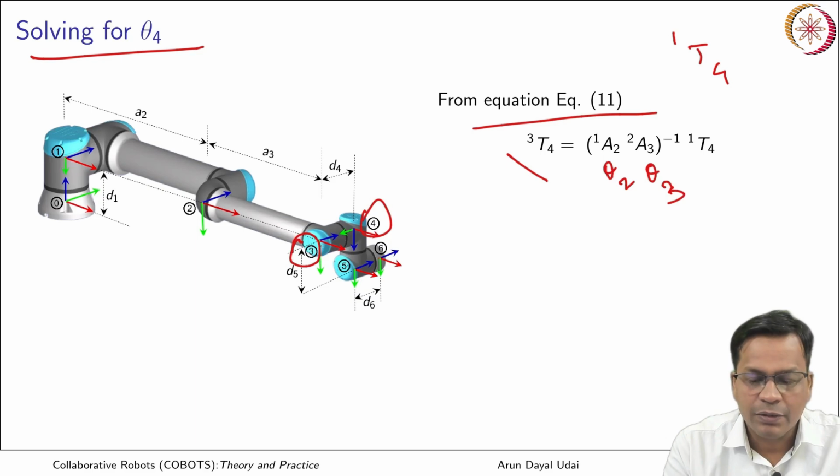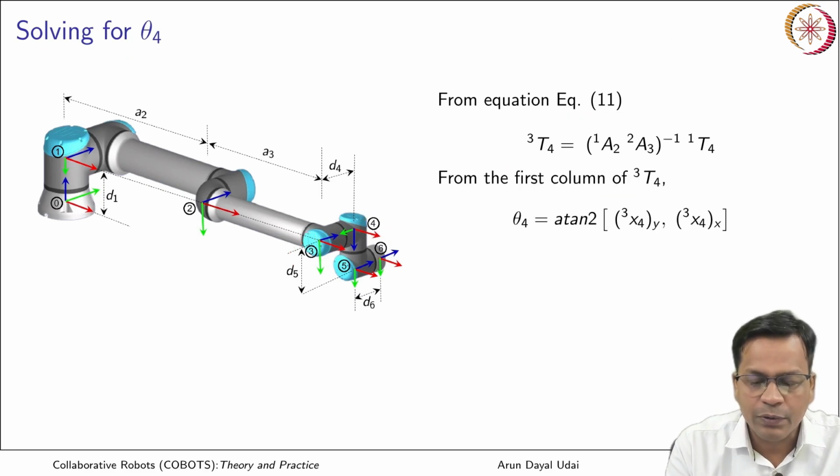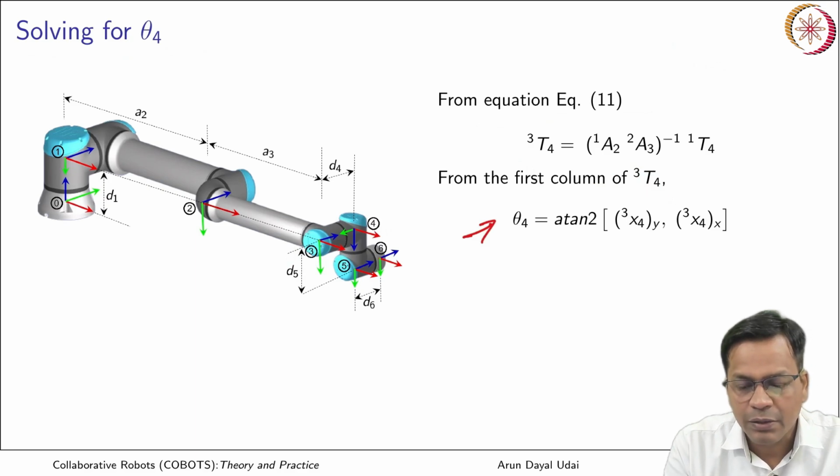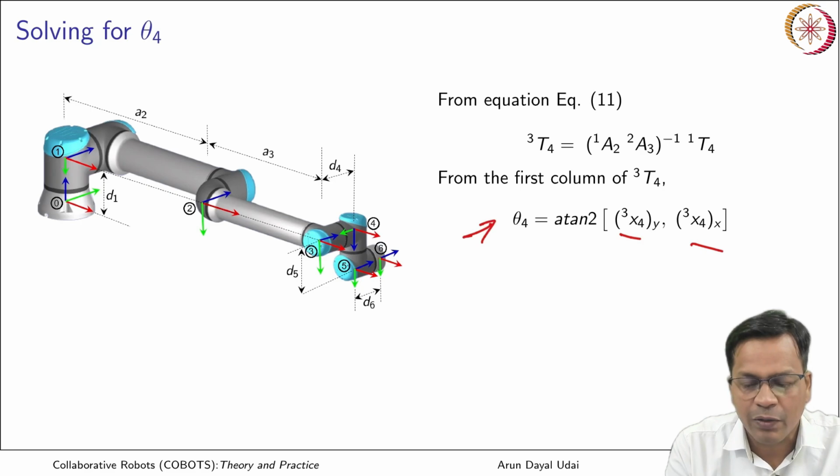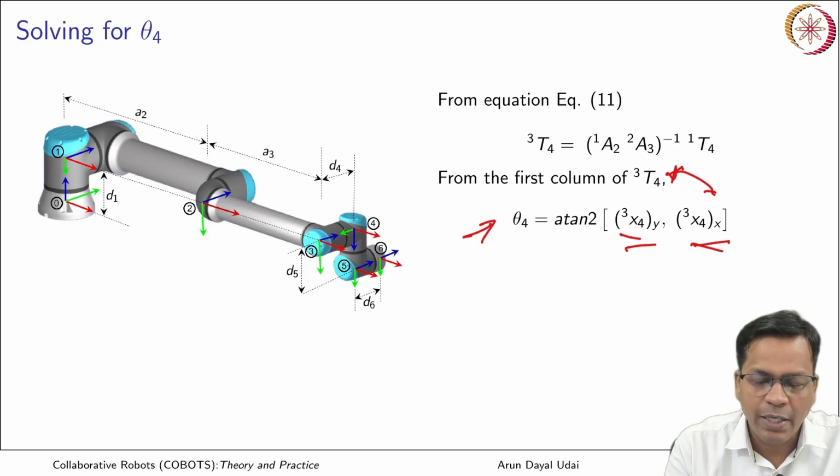If I know T3 to 4, theta 4 is simply this. From 3 to 4, the projection along x and projection along y can be obtained from this, and that helps me find the joint angle theta 4.